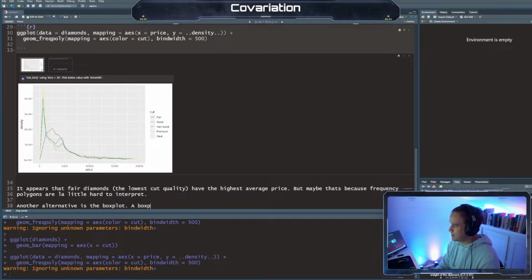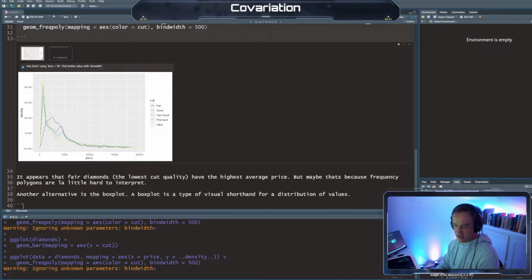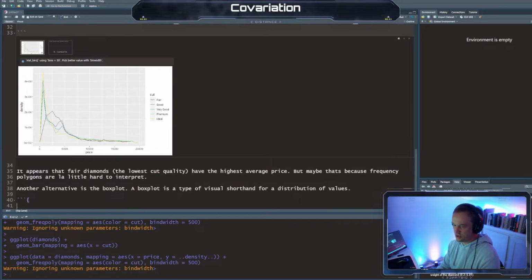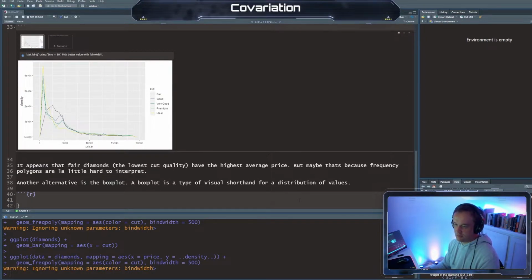So a box plot is a type of visual shorthand. So we've gone over box plots, but we're going to characterize it here for a distribution of values. Okay, so let's do a box plot of it and see what we see.